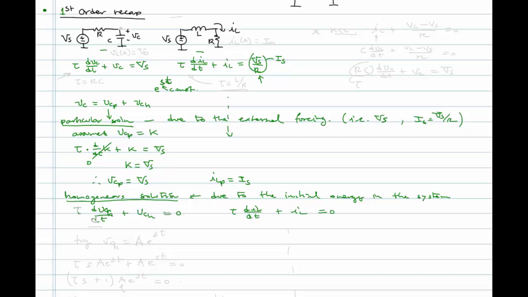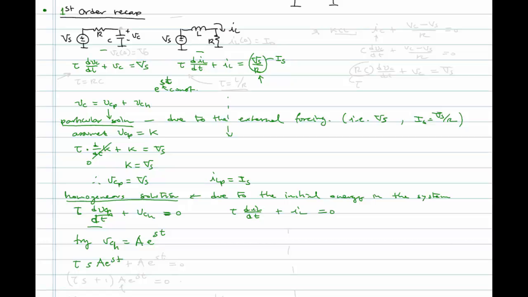And again, we looked for what solution for the capacitor voltage would possibly result in satisfying this equality. In particular, the function for the capacitor voltage, when added to its derivative scaled, must equal 0. So a good candidate is the exponential. So we try VC homogeneous is equal to some A e to the st. We plug that in, and when we take the derivative, we get s out in front.